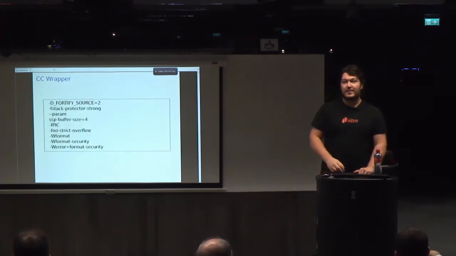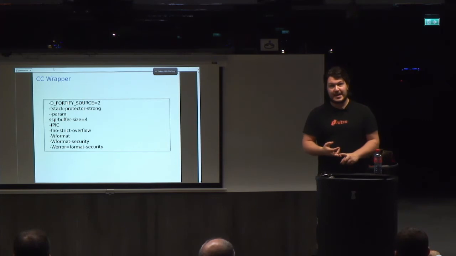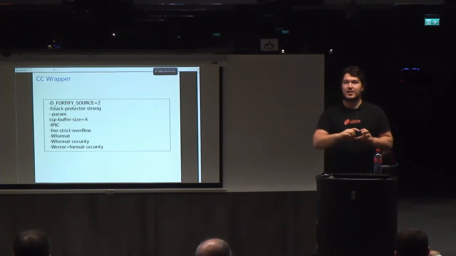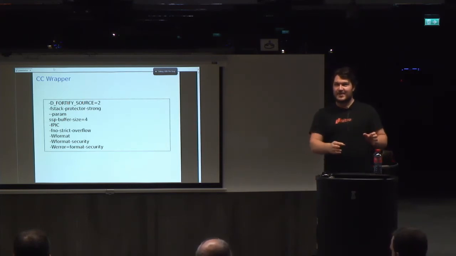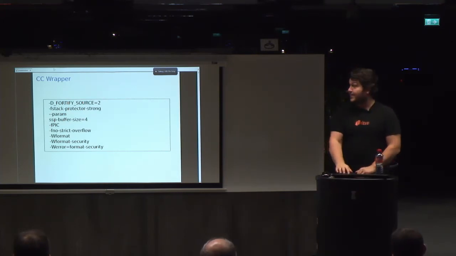And it also, by default, adds a bunch of hardening flags. So if you have a build error because you're not expecting O2 or these extra warnings to be added, you can disable them by passing the hardening disabled equals all environment variable. And it will act more like a regular C compiler.